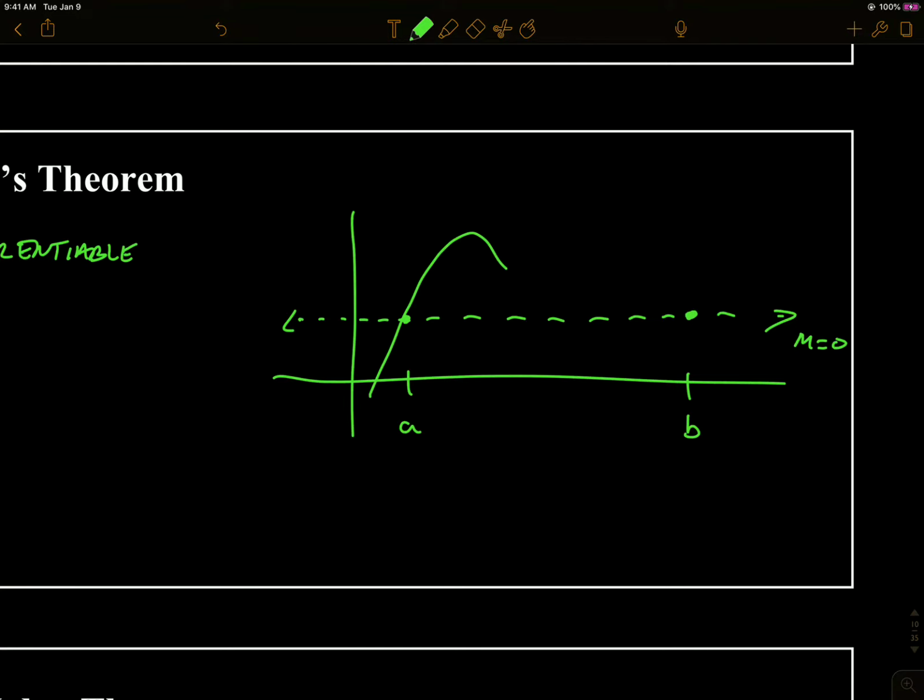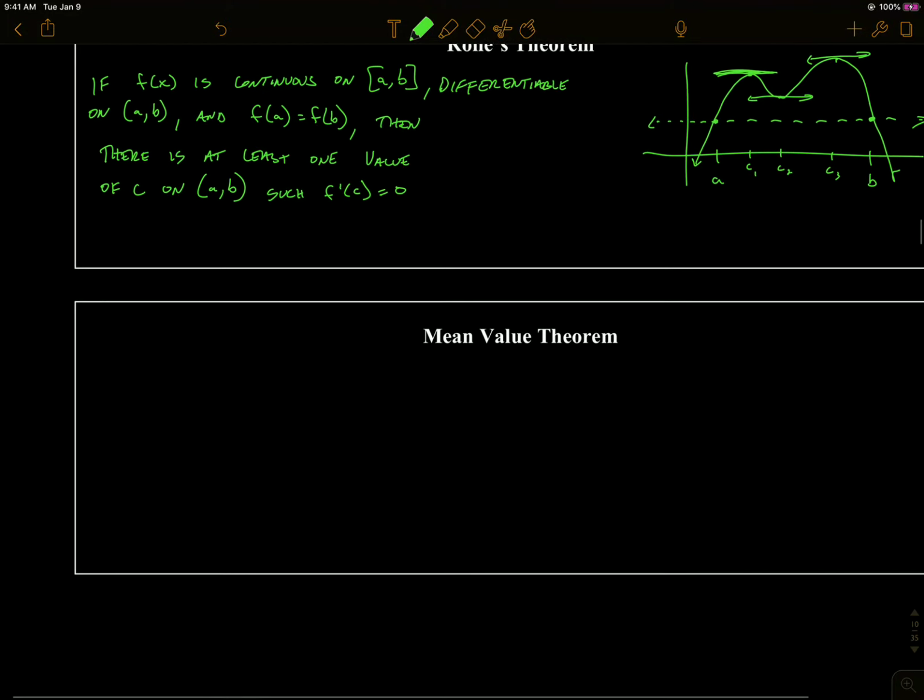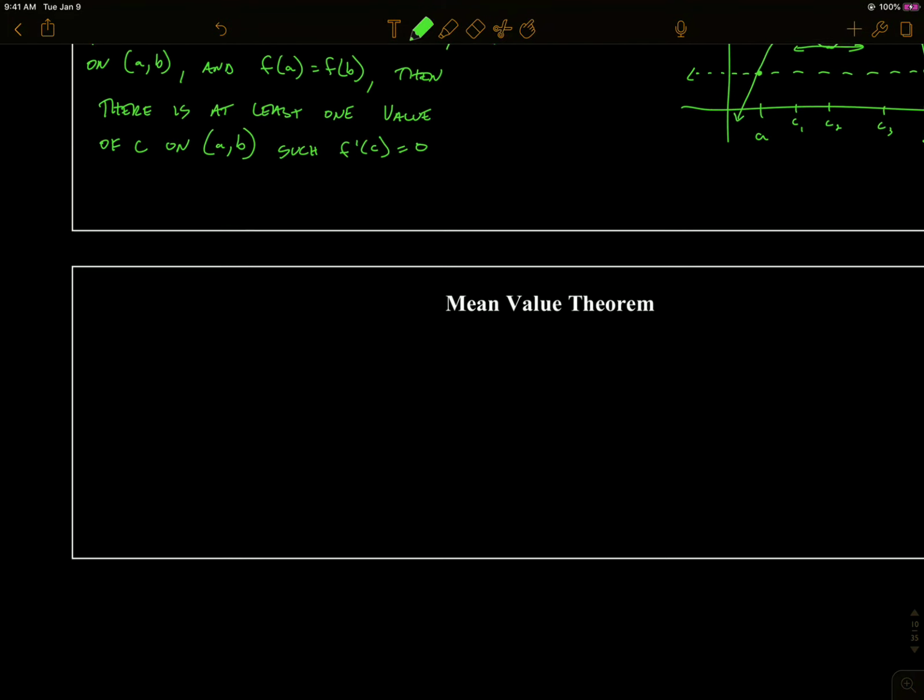So now if I have a graph that looks like this, I know at least once somewhere on there the instantaneous rate of change, like at this c value, has to have a slope of 0. The derivative has to be equal to 0. And it actually occurs at another value, so here's a second place where it occurs, and here's a third place where it occurs. So in this picture I drew, it actually occurs 3 times. Rolle's theorem guarantees there's at least one.